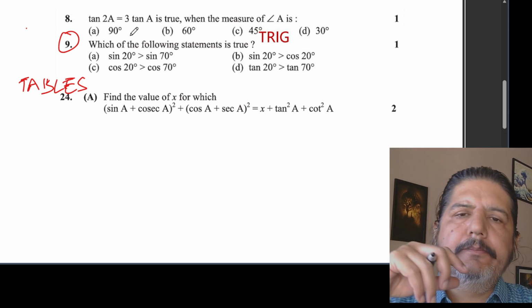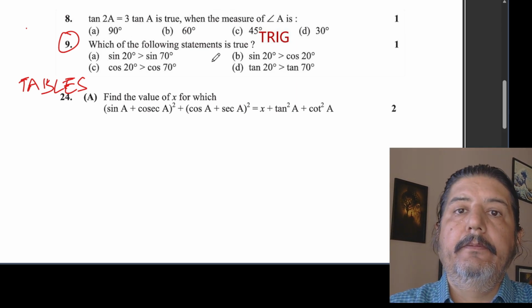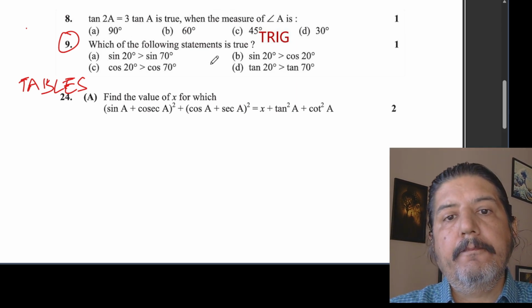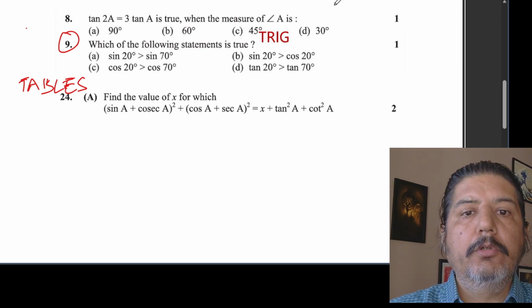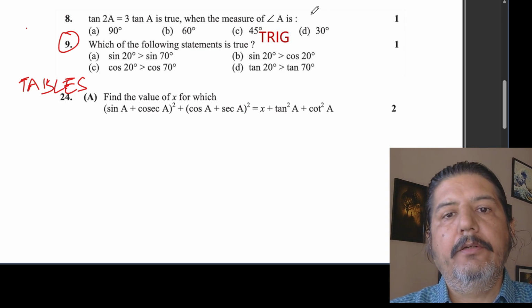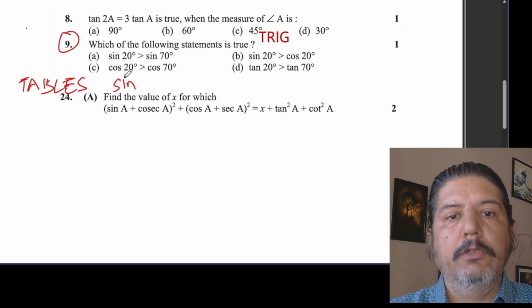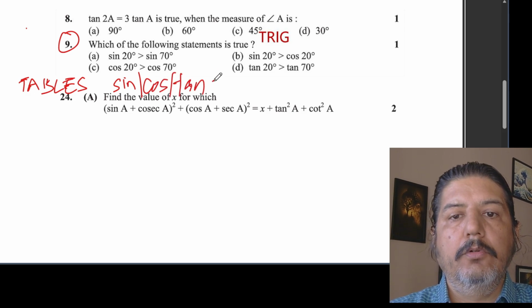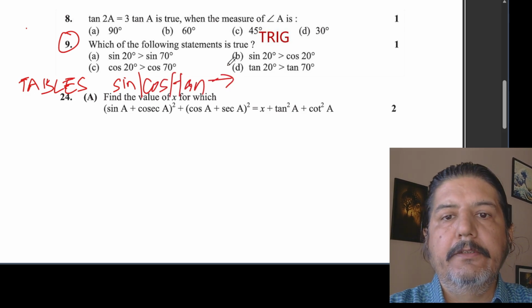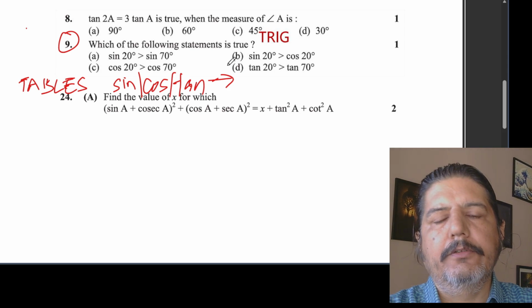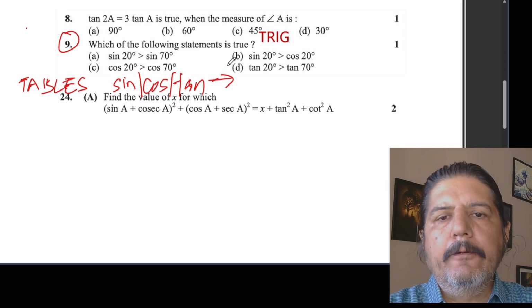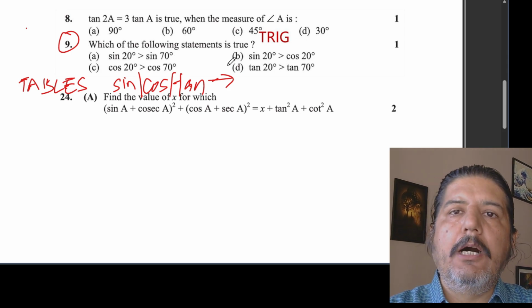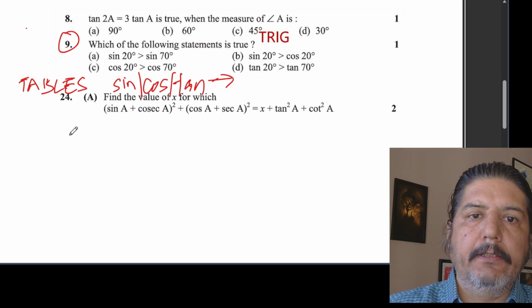The second way, and the suggested way, is that you should know the graphs of sine, cos and tan. You should at least know the graphs of sine, cos and tan. I know that in CBSE they don't teach the graphs of sine, cos, tan, but there's no harm in looking at this.